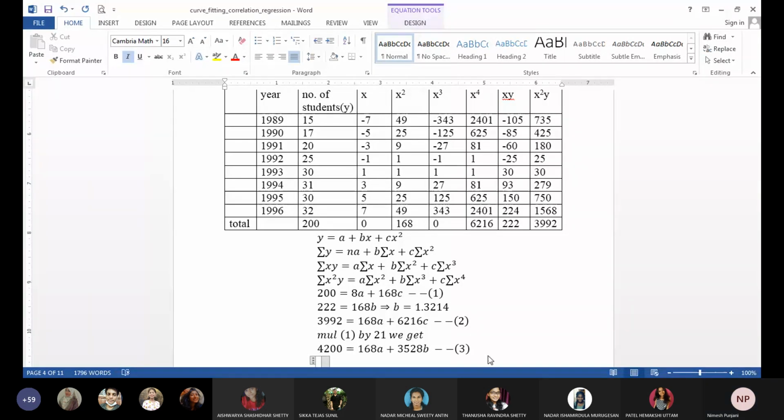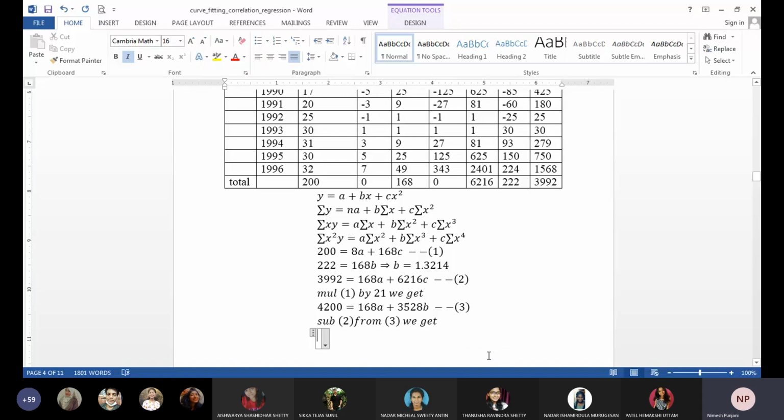Now subtracting 2 from 3, that is 3 minus 2.